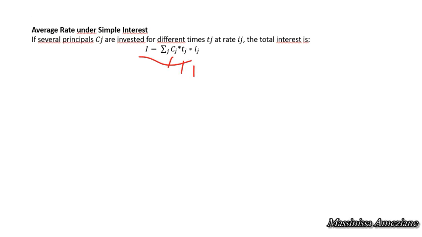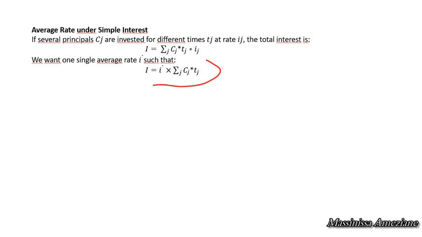Now we want one single average rate such that it leads to the same total interest, which means this one equals this one. The only difference here is that here we have different interest rates, but here we want one single interest rate. So it is this average times the sum of C_j times T_j.